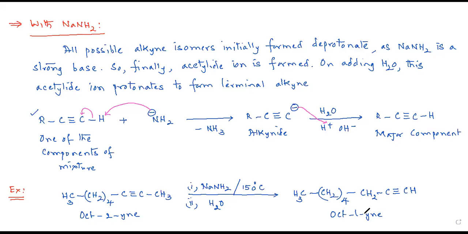So in general, sodium amide is used to convert a non-terminal one into terminal, whereas KOH is used to convert a terminal one into internal or non-terminal.